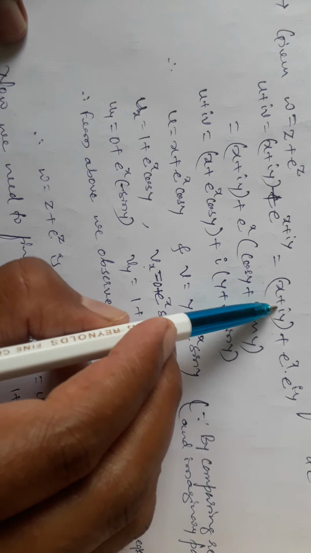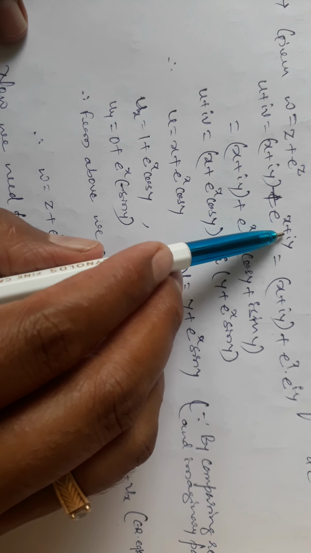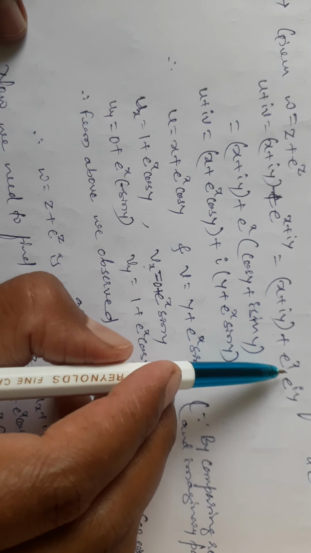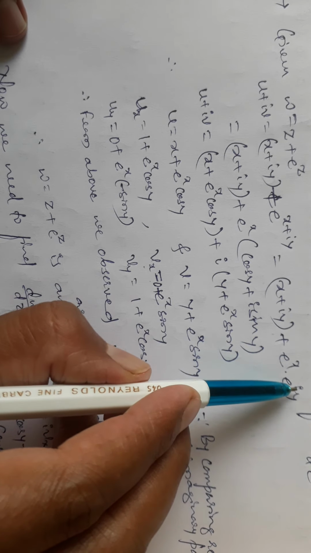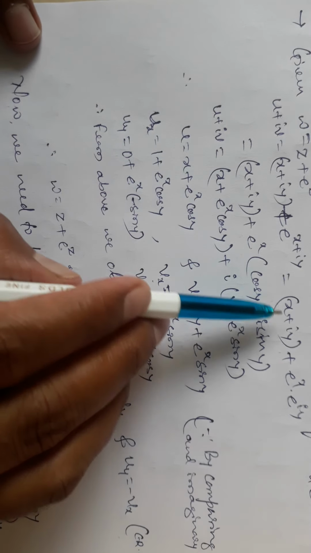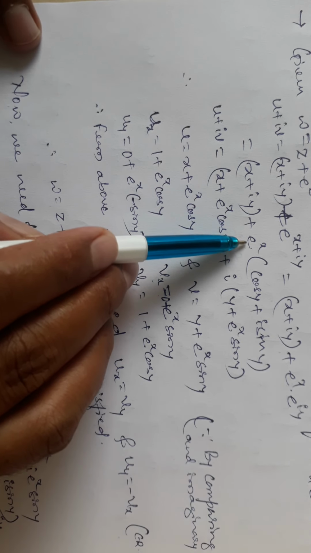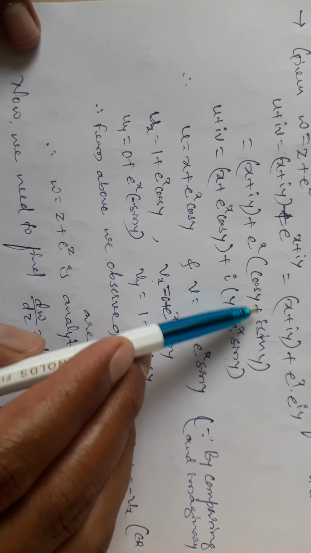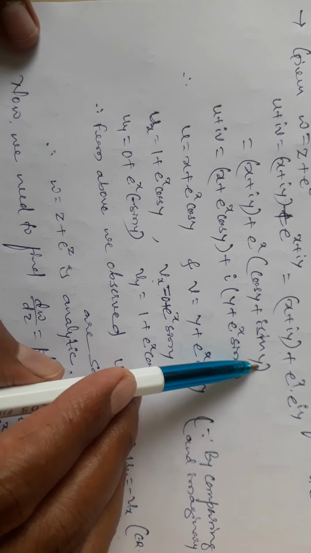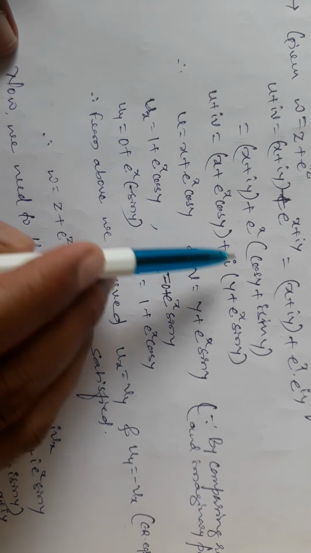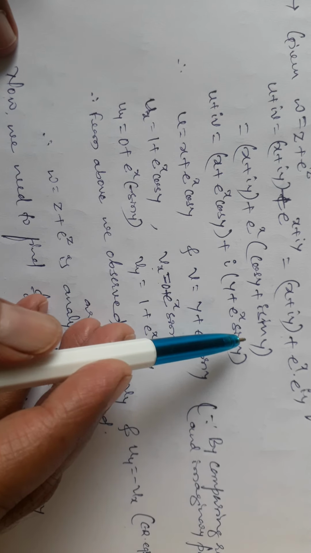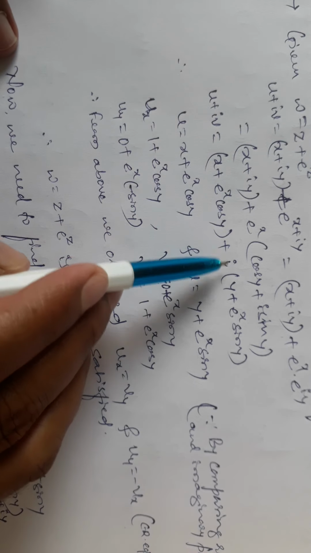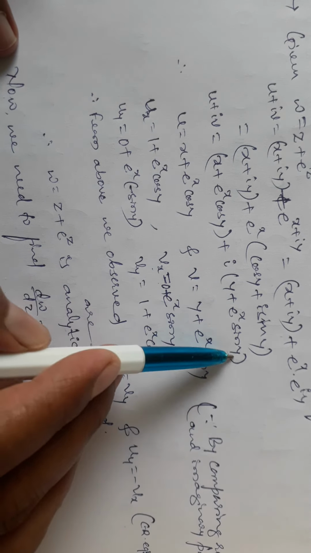Here, if the base is the same we can add the powers, by the theory of indices, so x plus iy plus e to the power x into e to the power iy, that is e to the power i theta, cos theta plus i sin theta, therefore cos y plus i sin y. Now we can take the real and imaginary parts separately: x plus e to the power x cos y plus i into y plus e to the power x sin y.